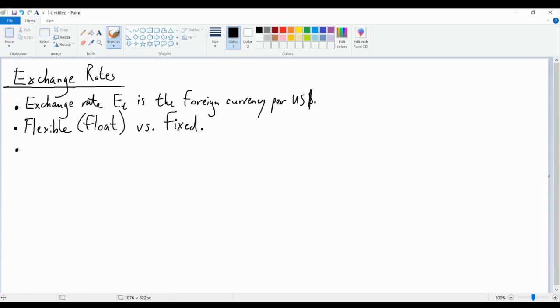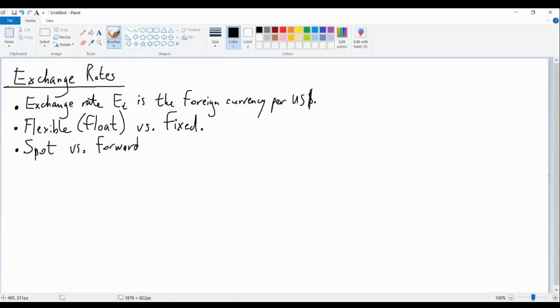Now, another thing about foreign exchange markets that needs to be pointed out is that in the foreign exchange market, there is a huge amount of forward or futures transactions. So we're going to want to distinguish between the spot rate, which is the exchange rate right now for a transaction that's occurring right now, as opposed to the forward or futures rate.